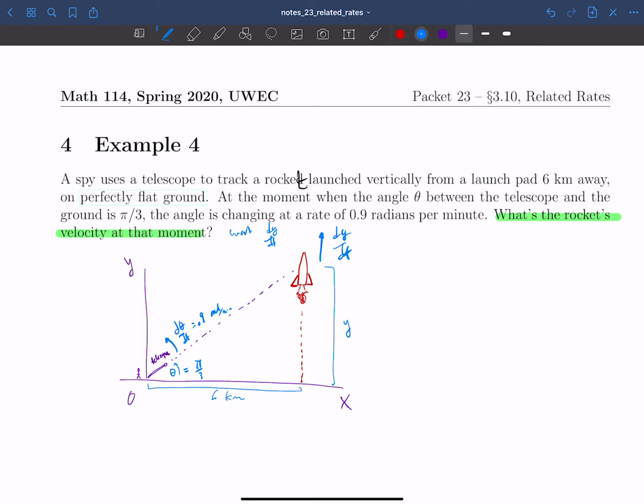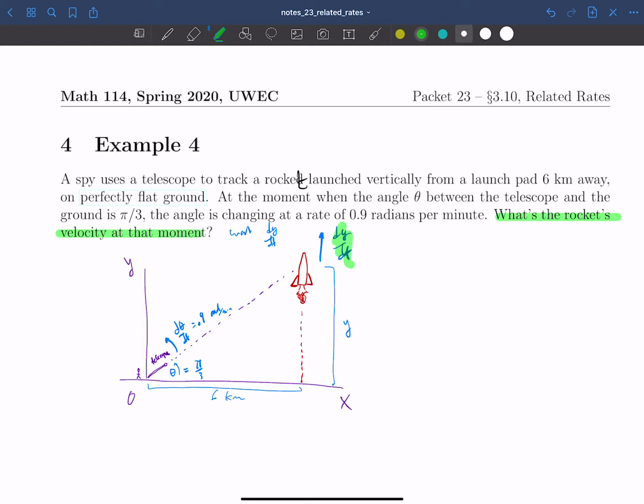Okie dokie. So let's label the unknown. I want dy dt, that's my goal, and I've got this relationship right here. So now we're going to have to recall some trigonometry.